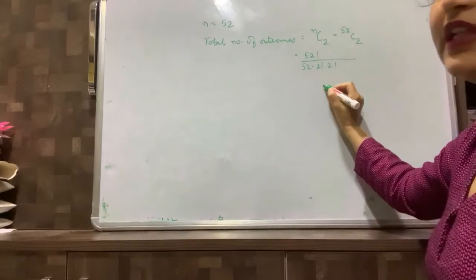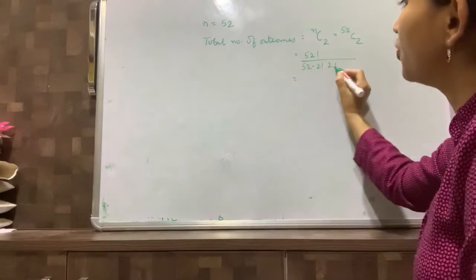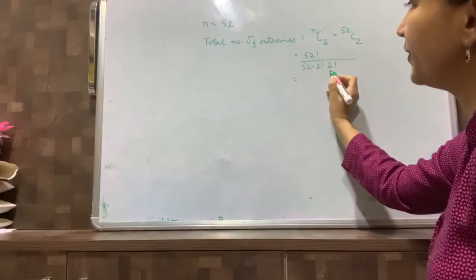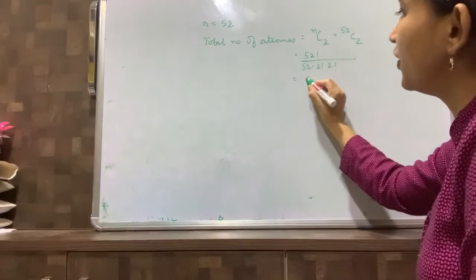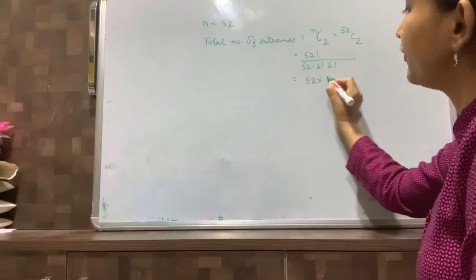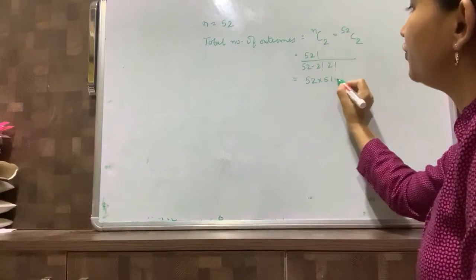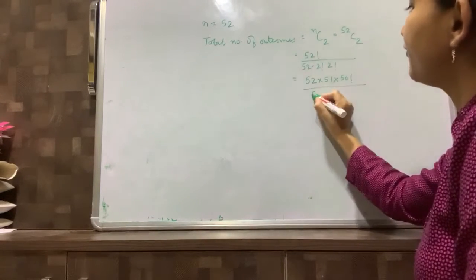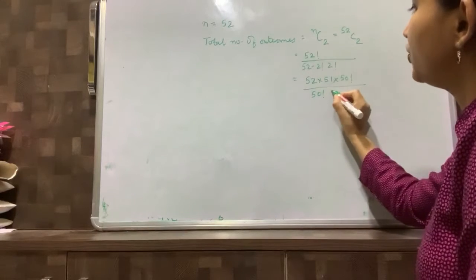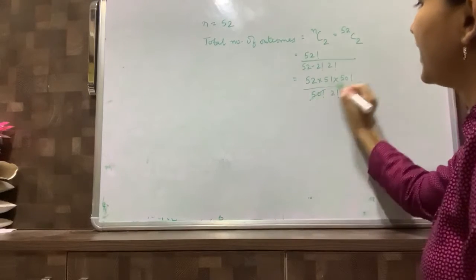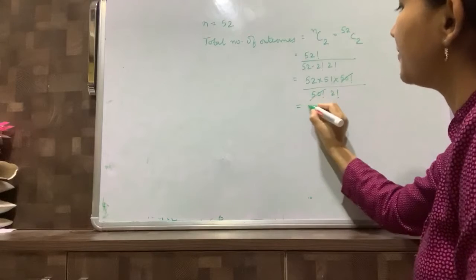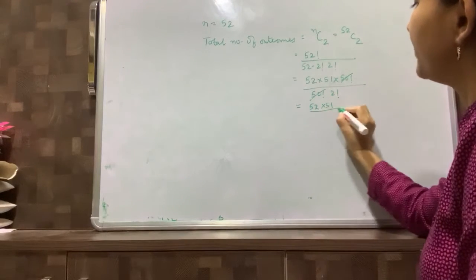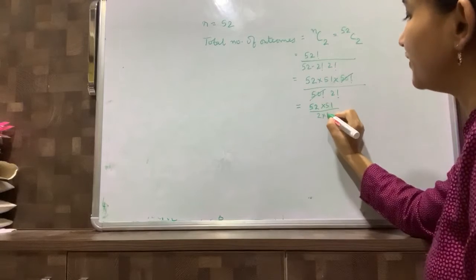This is how we open up the formula. Then इसको कितने factors तक लिखेंगे numerator में? 2 factor तक, because r is 2. 52 into 51 into 50 factorial divided by 50 factorial into 2 factorial. 50 cancel हो जाएगा यहाँ से, हमारे पास क्या बच जाएगा? 52 into 51 divided by 2 into 1, right?